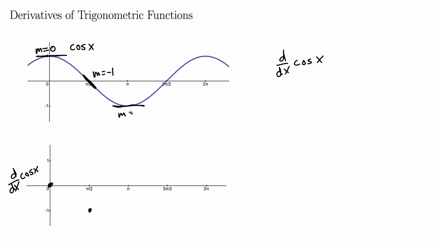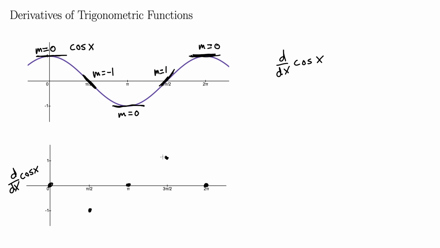So give that 0 at pi down on the derivative graph. Back to 1 again at 3 pi over 2. So let's get that point. There we go. 3 pi over 2 comma 1 down on the derivative graph. And finally, a slope of 0 at 2 pi. So we're back down to 0 at 2 pi.